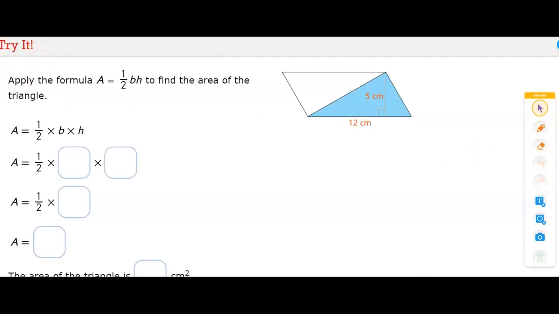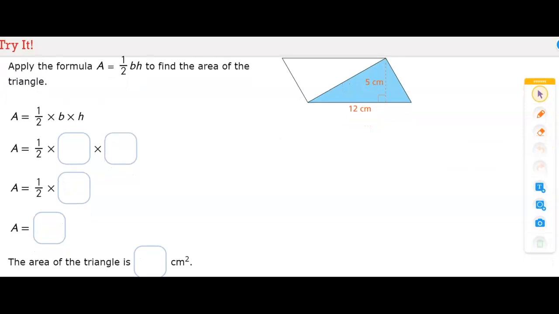Apply the formula A equals 1/2 times B times H to find the area of the triangle. We have our base as 12, so we substitute B for 12.